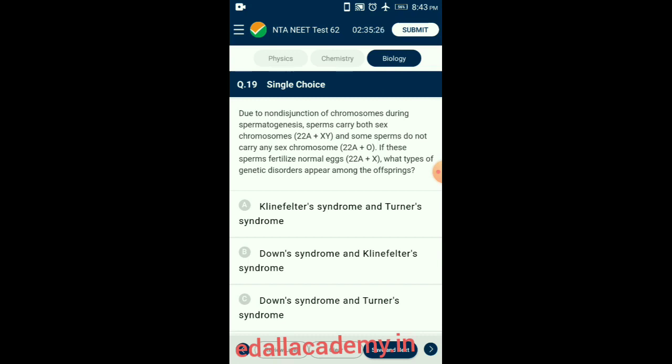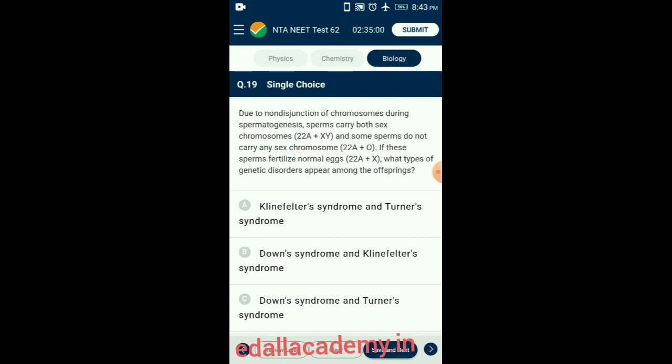Turner syndrome occurs due to monosomy, 2n-1. It is formed by the union of an abnormal 0 egg and a normal X sperm, or a normal egg and an abnormal 0 sperm. The individual is diploid with 45 chromosomes, 44 autosomes, and 1 X chromosome instead of 46.